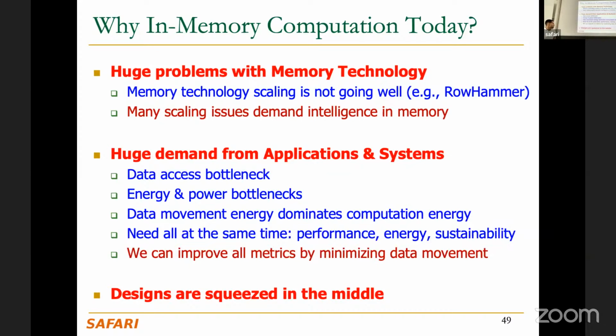So when you put it together, as a designer, we are being squeezed in the middle. From the technology point of view, we have worsening technologies in terms of scaling, and from the application point of view, we have more and more demand from applications requiring better technologies.